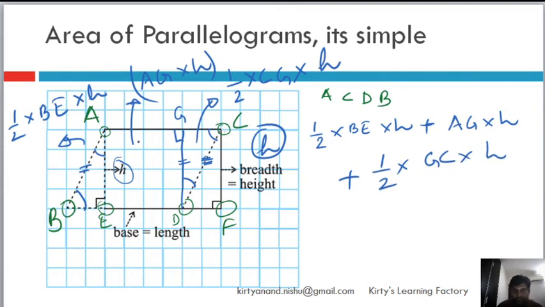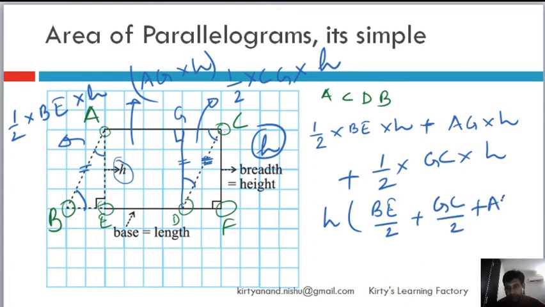Now we just established that triangle ABE is congruent with triangle DCG, and therefore BE is equal to GC. So half into BE. Let me just take out, we see that H is common here, so let me take H out, and what are we left with? BE by 2 plus GC by 2 plus AG.